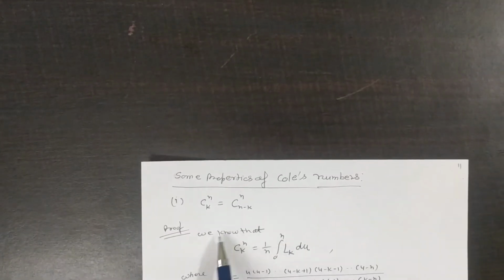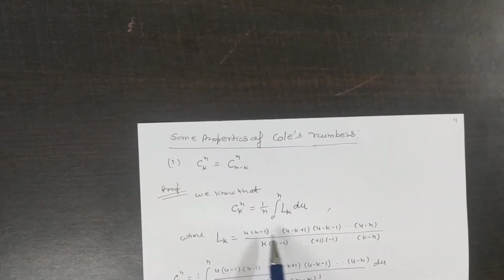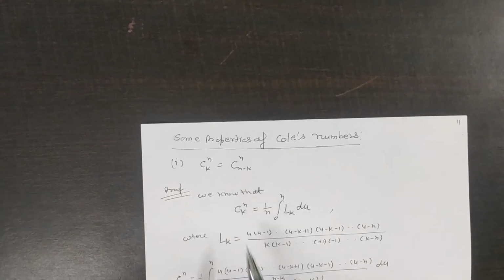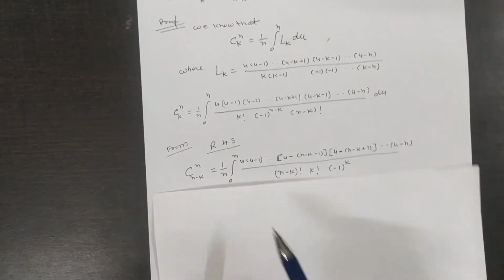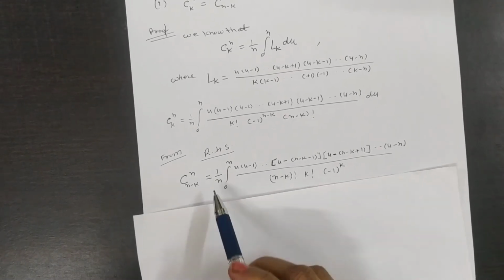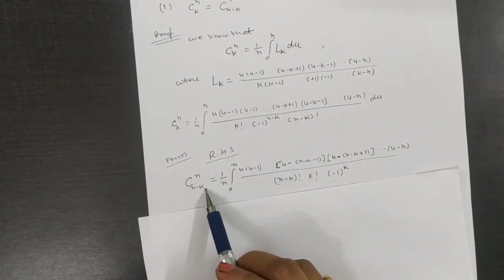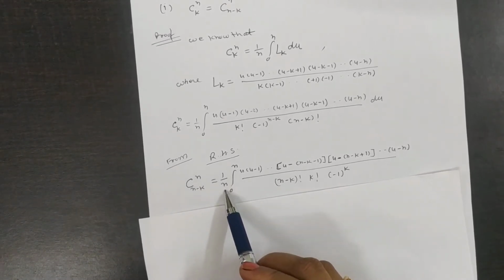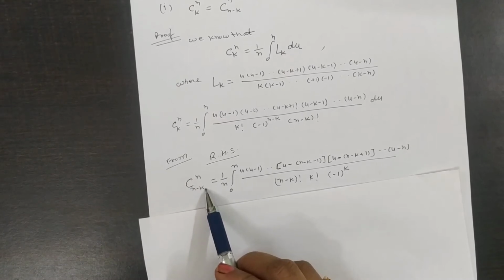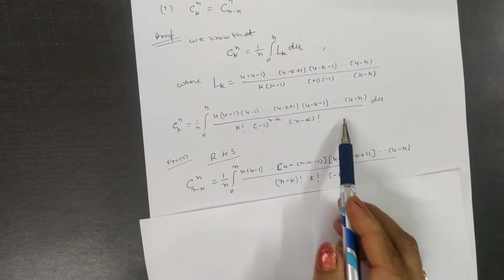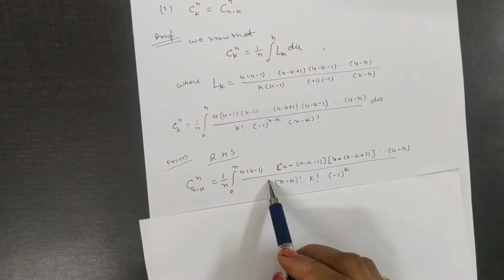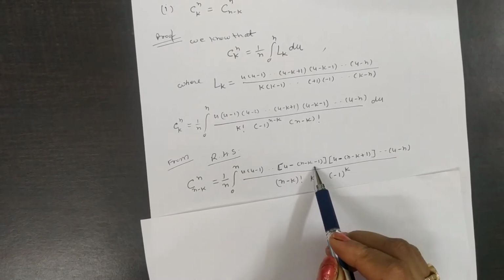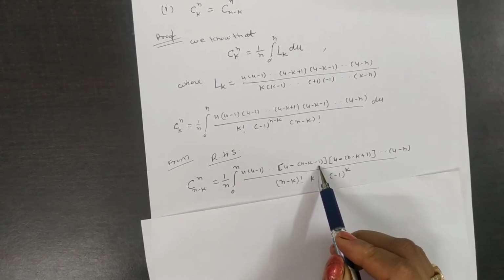Okay, students. Now in the next term, that was the LHS, and similarly now we take the RHS. From the RHS, with k replaced by n-k, applying the same formula, we get 1 by n C_{n-k}^n. The formula is this, but for n-k, so it goes up to u minus (n-k).